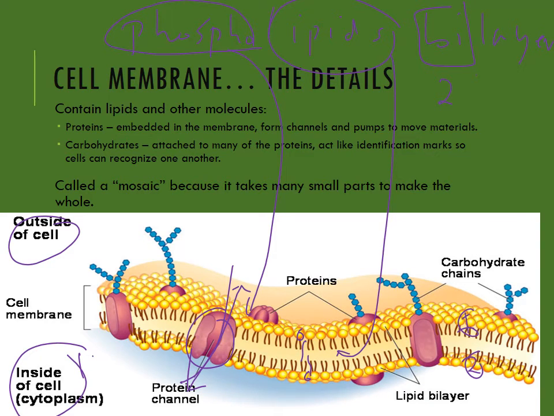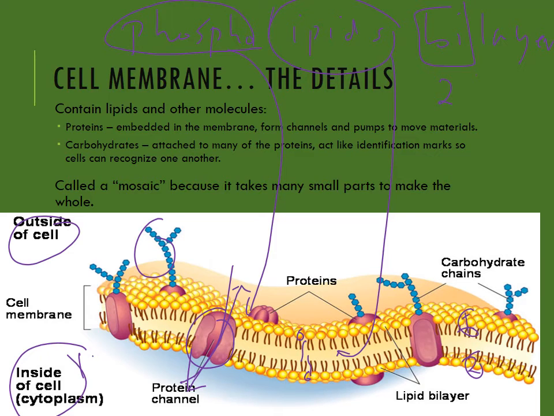On the outside, we also have carbohydrates attached to these proteins, and the carbohydrates are pretty much like the sensory system of the cell membrane. Basically, they feel around and see if there are other cells nearby, so cells can recognize each other that way.